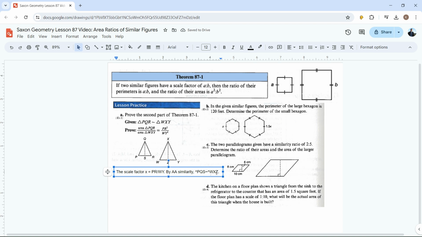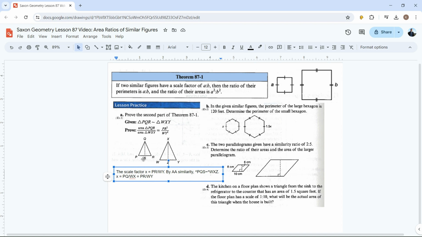Okay, now what's the next thing that we're going to do with this? If I know that these two right triangles are similar, I can say that there's a scale factor x equals PQ over WX, which is the same as PR over WY, because notice that PQ and WX, that scale factor was in the original triangle.